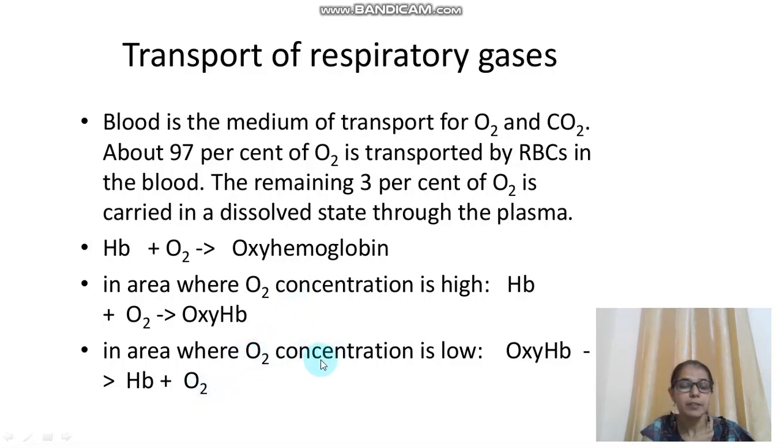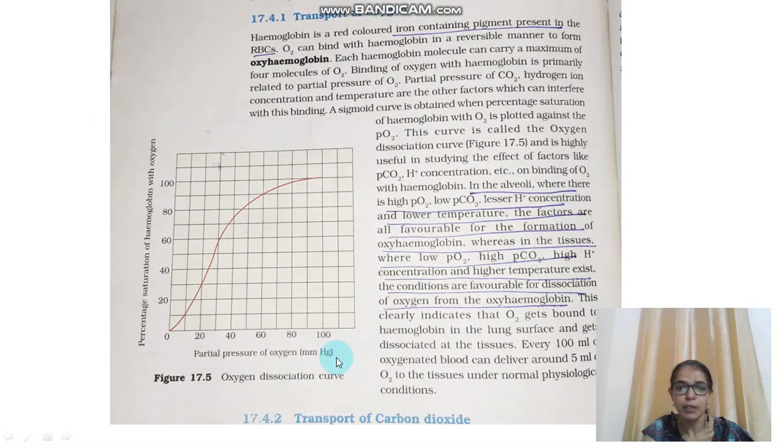Remember, where is the oxygen concentration low? When the blood is moving toward the cell, the PO2 will be less in the cell. That's why the oxygen will be separated from the hemoglobin and delivered to the tissue, where the oxygen will be utilized for the oxidation of food material.